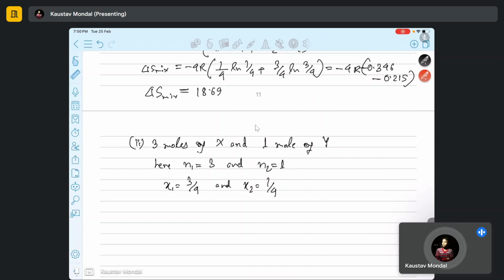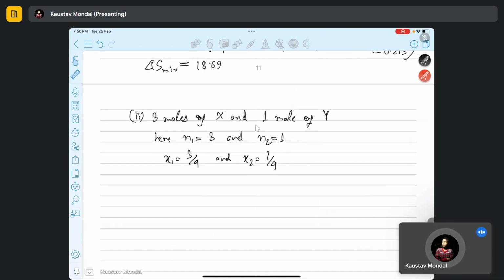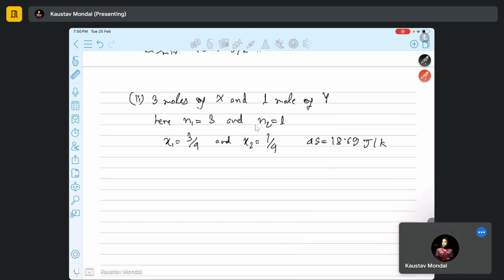This will give you a similar answer, right? Previously it was 1 mole X, 3 moles Y, and now 3 moles X, 1 mole Y. Here also delta S will be the same, 18.69 joule per Kelvin. Now we go to option number 3, which is 2 moles of X and 3 moles of Y.